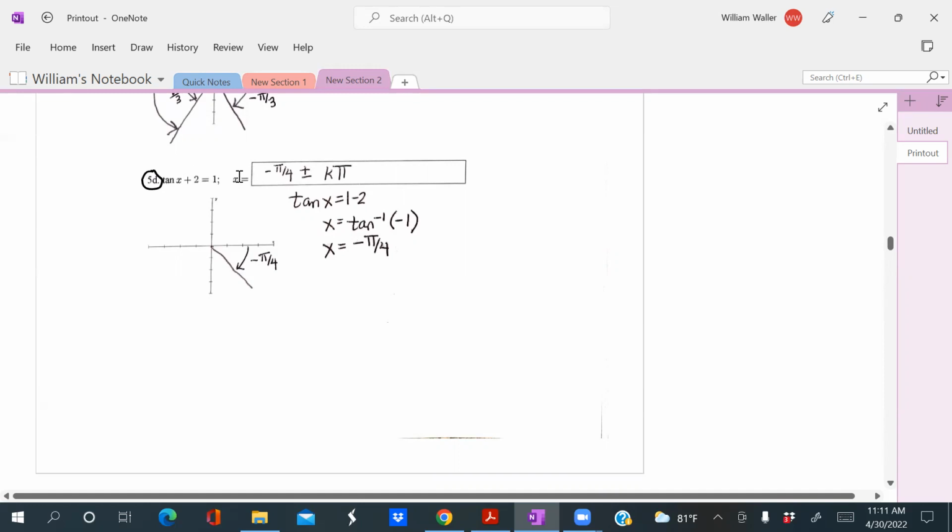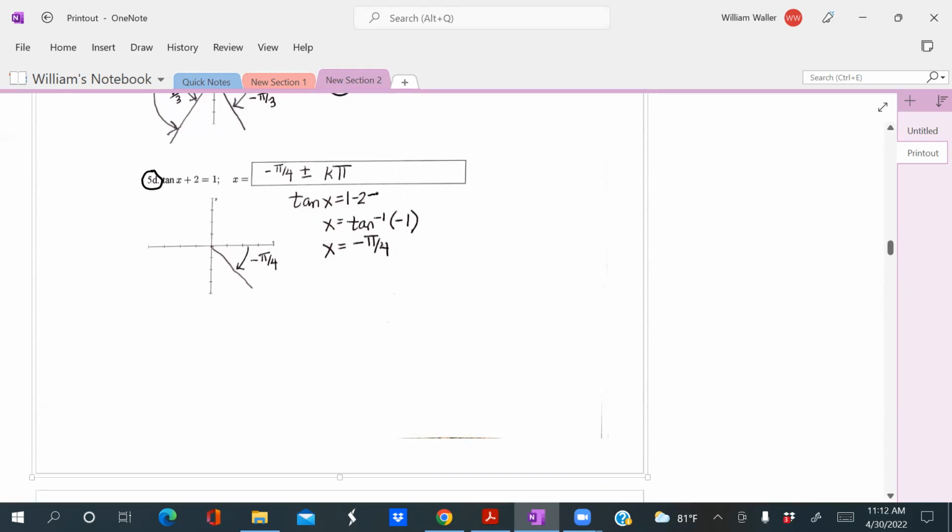All right, now let's see if we can find one basic solution though. So I'm going to take this equation, tan x plus 2 equals 1, and let's solve it for tangent of x. So you do that by subtracting 2 from both sides, right? Which I've shown on this line. So we get that tangent of x is equal to minus 1, right?